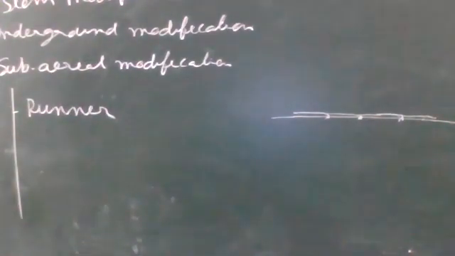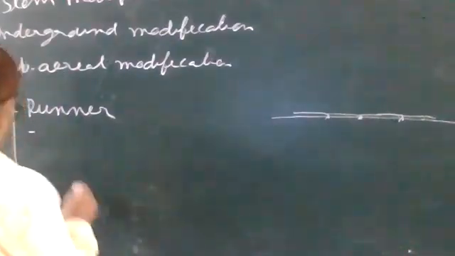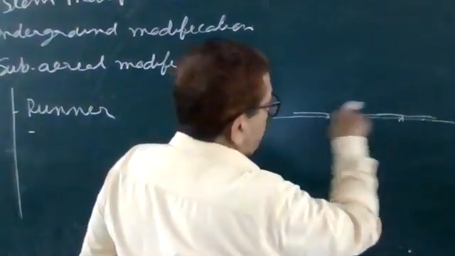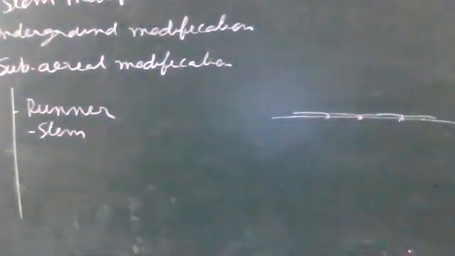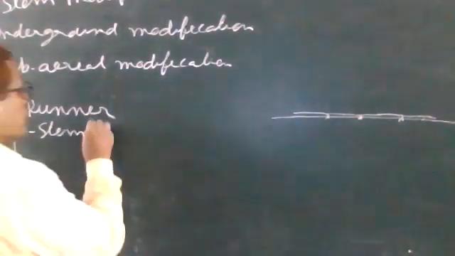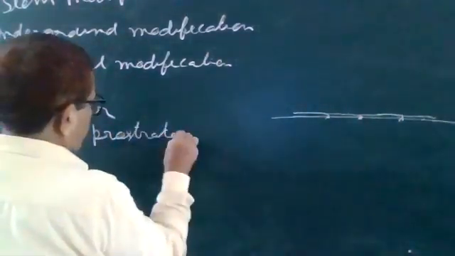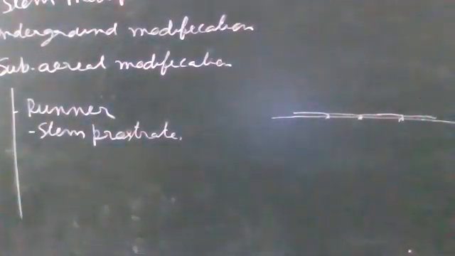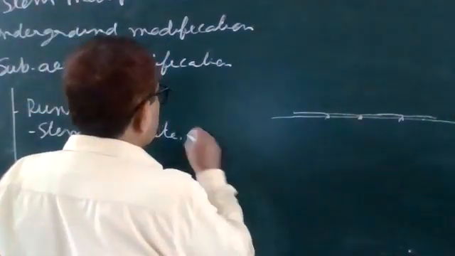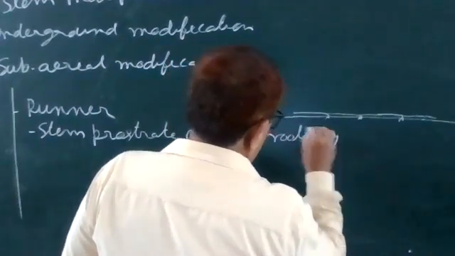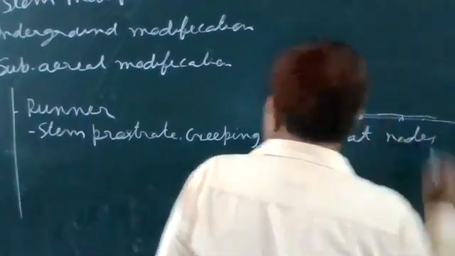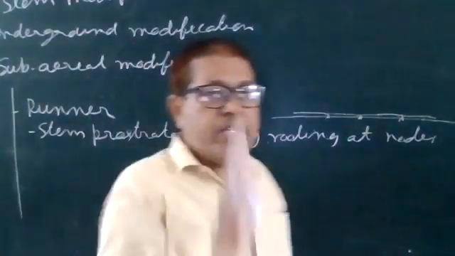This is called creeping. A peculiar feature is that the stem is prostrate, creeping on the ground, rooting at the nodes. The stem is prostrate, not erect.